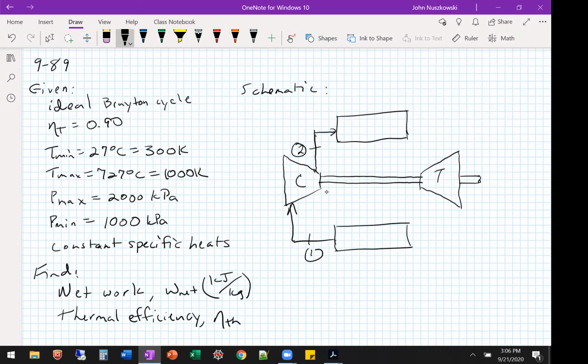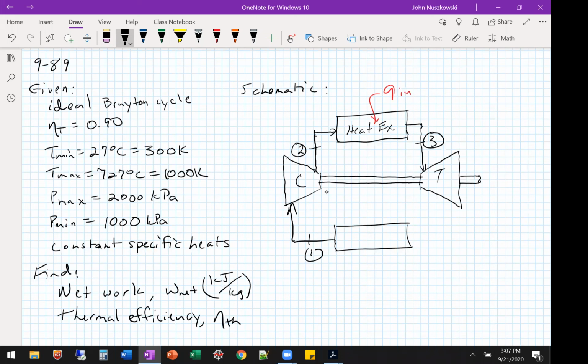And then we go to our heat exchanger, where we add heat, and we come out and we go to our turbine, state 3.